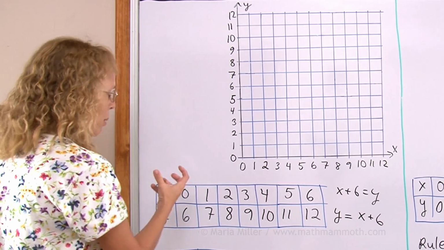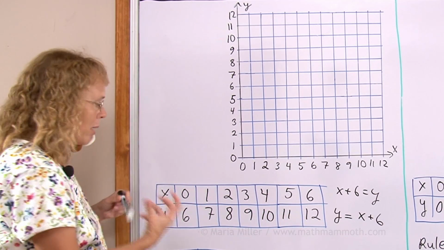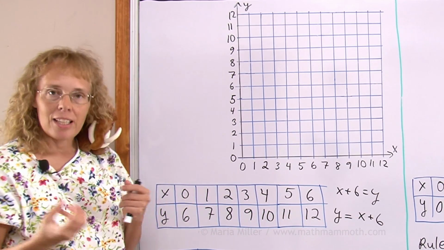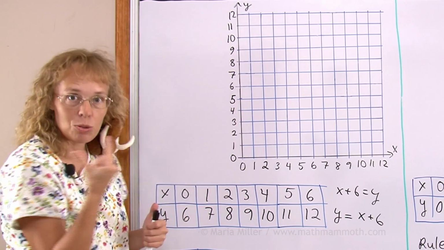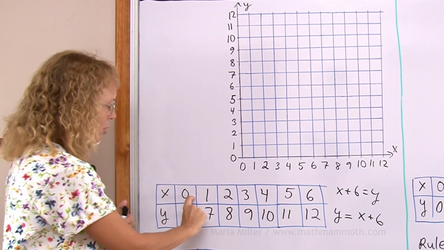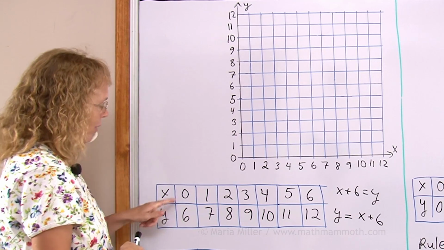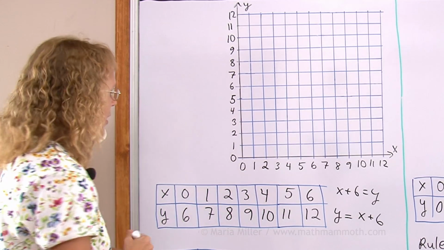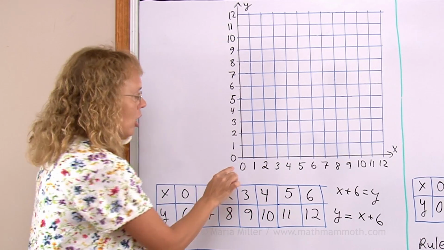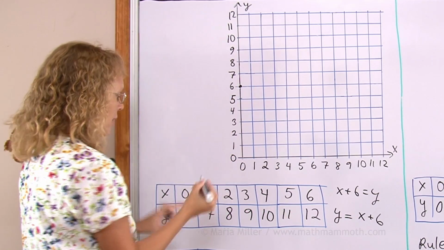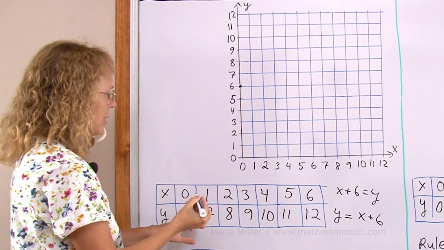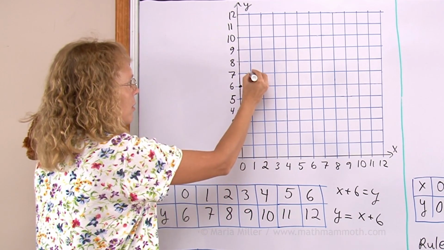But now let's plot these points, because there's number pairs, x and y, they are points on the coordinate grid. Because for each point here, I need two numbers, right? And I have my two numbers here, the coordinates x and y. 0, 6 is a point. I go 0 steps on the x-axis, nowhere, and then 6 up. Then I go 1 step on the x-axis and 7 up, over here.